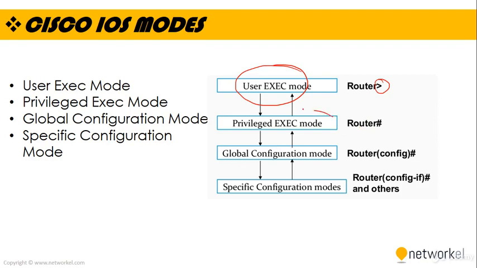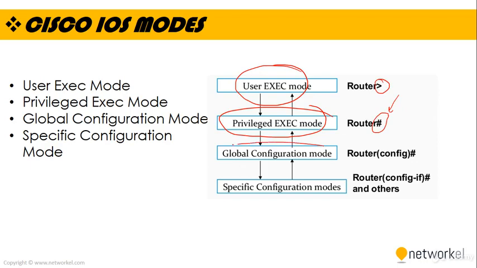Privileged exec mode allows users to view the system configuration, restart the system, and enter router configuration mode. Privileged mode also allows all the commands that are available in user mode. In the privileged mode, as you can see, we have a pound sign.